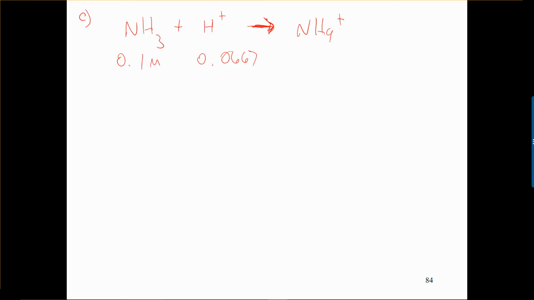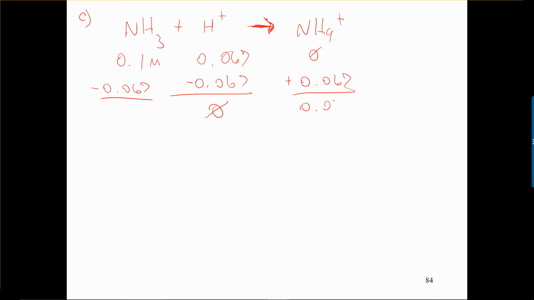Oh, well, I just rounded it to 0.067 because I ran out of room, but it's not going to matter. That's fine. Okay, so this is minus 0.067, which gives me 0. This is 0 to start, plus 0.067. Okay, what is the NH3 concentration? 0.033.